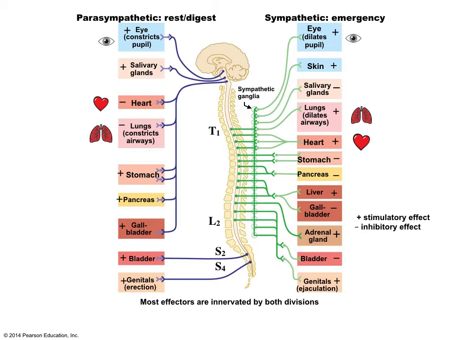You can see that on the right side, the sympathetic division is much more complicated. The parasympathetic is much simpler in the output, or where the preganglionics exit, and also the innervation is not as extensive. Again, most effectors are innervated by both divisions.